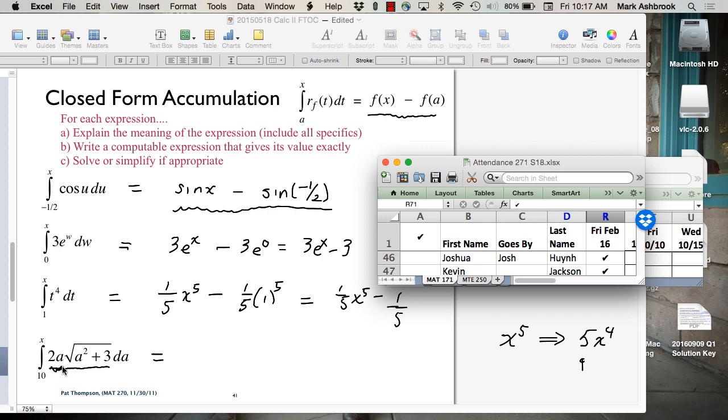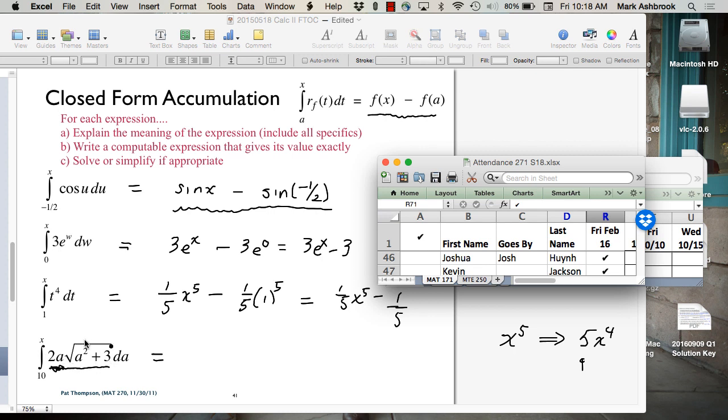Do you see that if this is like the result of a chain rule derivative, that 2a is what we got when we took the derivative of the inside? Do you see that? So then what was the original function? When we took the derivative, this 2a popped out, so it wasn't there to start with.